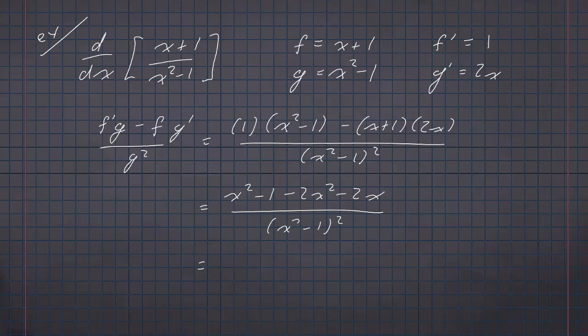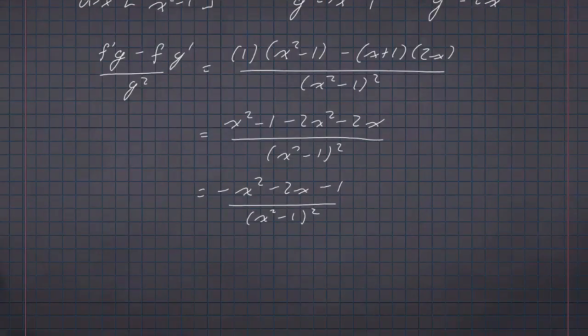Looking for some common factors. Let's see, this is going to be minus x squared minus 2x minus 1 all over x squared minus 1 squared. And things here factor further. There's a common factor of -1. X squared plus 2x plus 1 factors to x plus 1 times x plus 1.